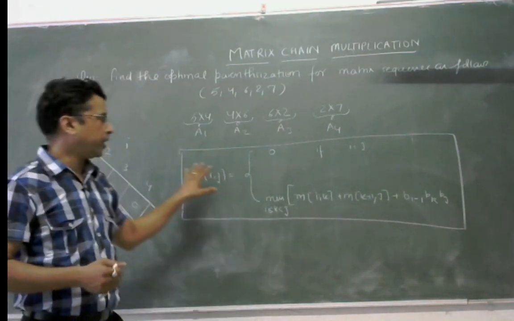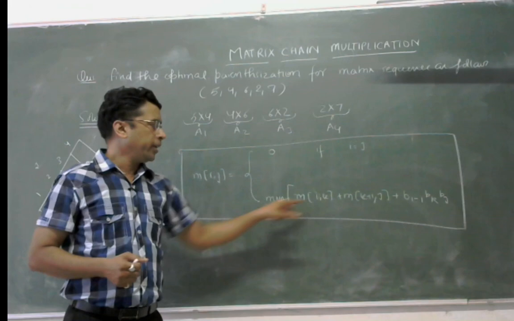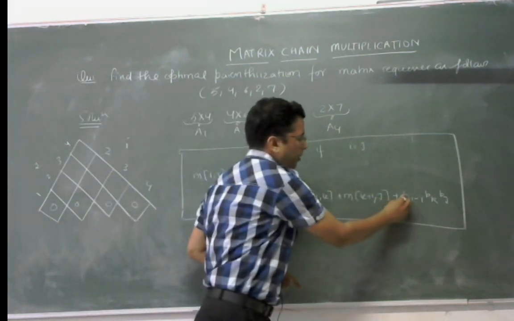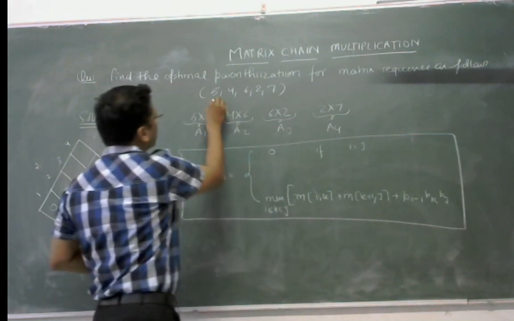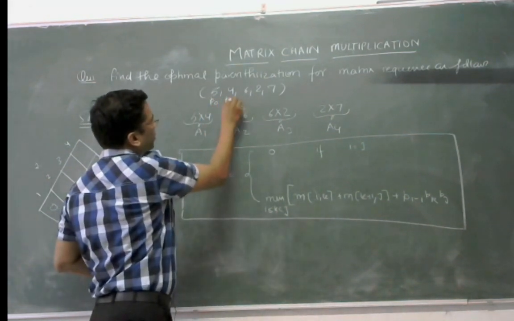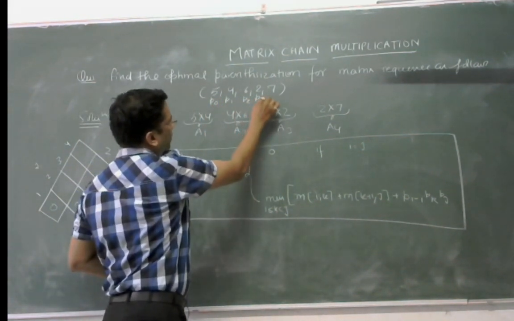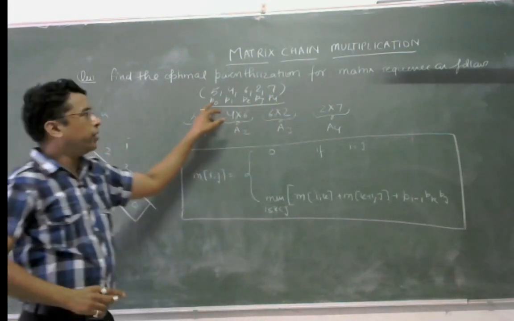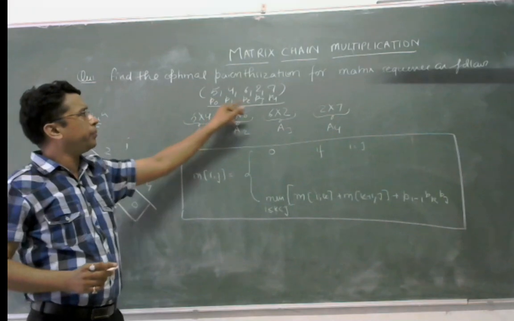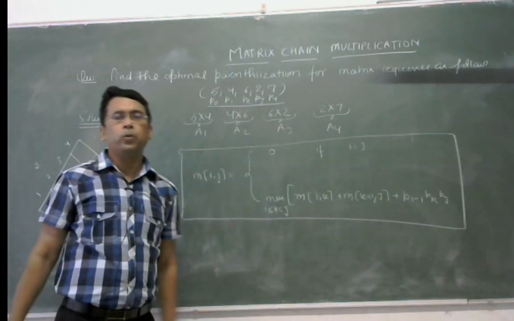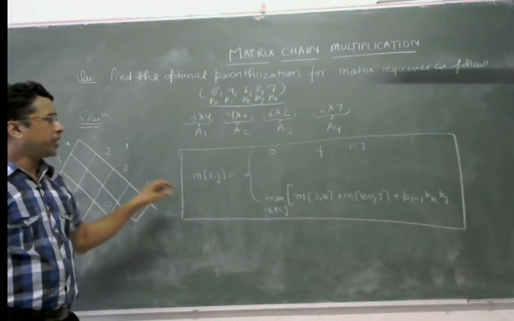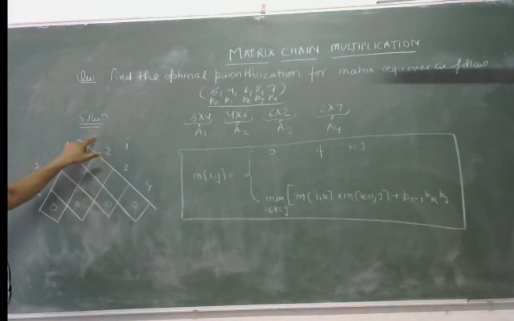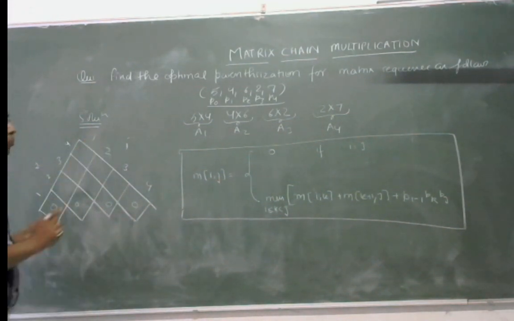Now we shall apply this formula. These numbers are P0, P1, P2, P3 and P4. Now we shall calculate the value of M12.